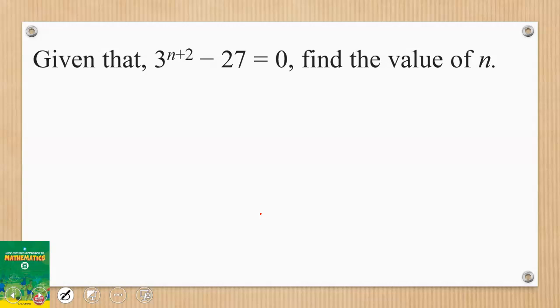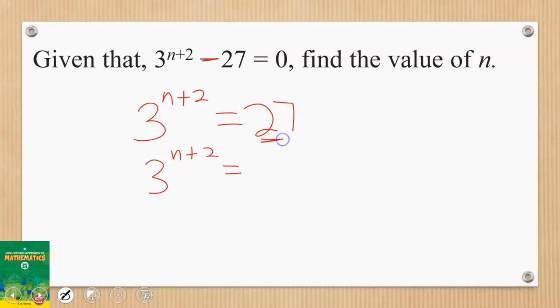Say you are given 3 to the power n plus 2, minus 27 equals 0. We want to find the value of n. Here we can group like terms by having 3 to the power n plus 2 equals 27, because it's minus here, it will be plus. Now I can keep my 3 to the power n plus 2 and change 27 to indices.